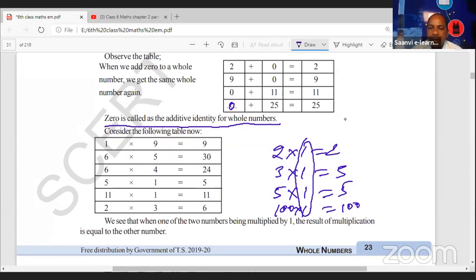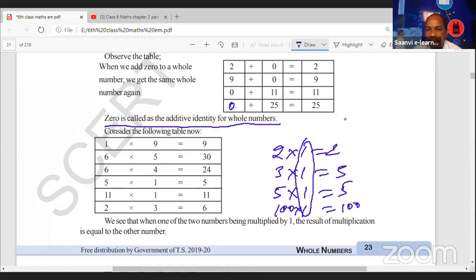1 is called multiplicative identity. This is the specialty of 1. So what is the specialty of 1? When we multiply any whole number with 1, again we get the same whole number. So that is why 1 is called multiplicative identity. We are multiplying, so it is multiplicative identity. And what is the specialty of 0? When we add any whole number with 0, again we get the same whole number.